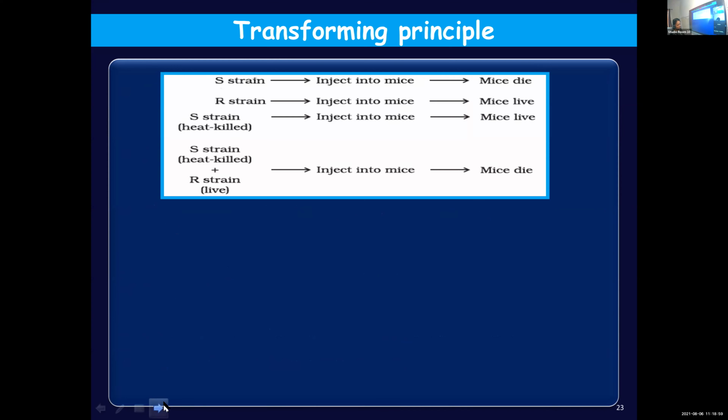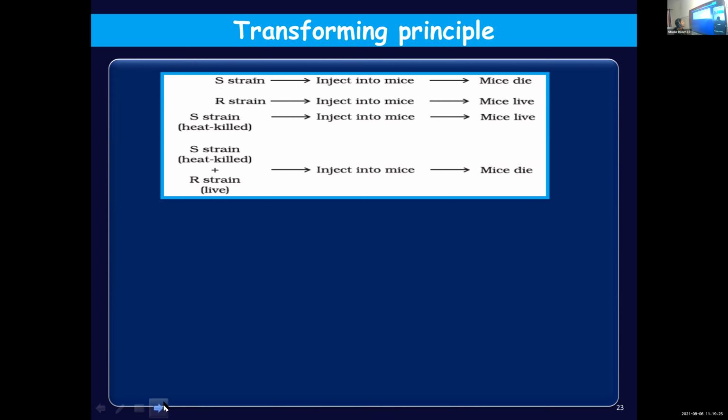Now let's see how he carried out the experiments. Mice were used for the experimental purpose, to observe the changes taking place. S strain bacteria were injected into mice, and the mice died.